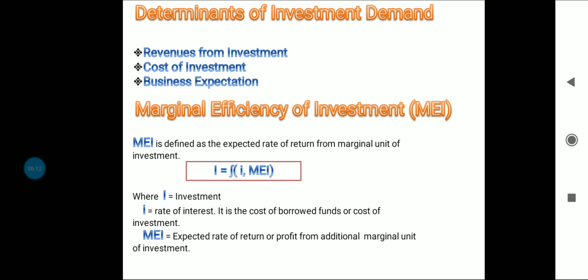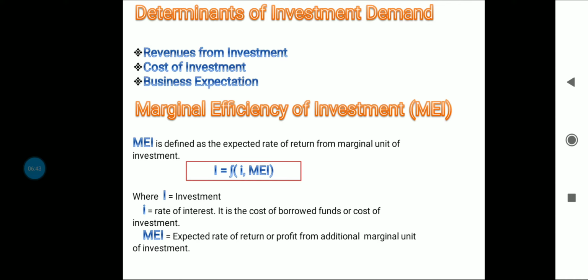Revenue from investment: if the expected revenue is more, then the level of investment will be more. Cost of investment: if the cost of investment is less, then the level of investment will be more. Business expectation, of course: if the expectations are pretty high, then the level of investment will keep increasing.